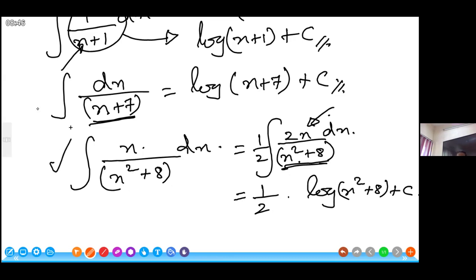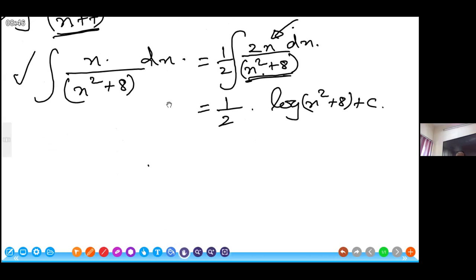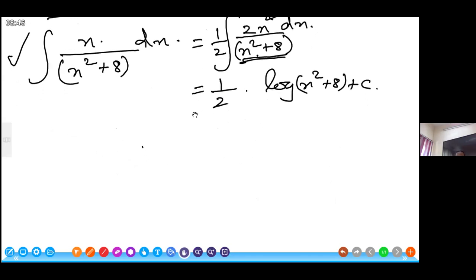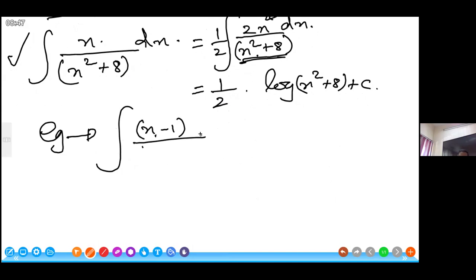So we can solve these integrations, even though they are rational functions, using the direct relationship. But there are certain cases you cannot solve it that way. For example, take the integration of x minus 1 divided by x plus 2 into x plus 1 dx.